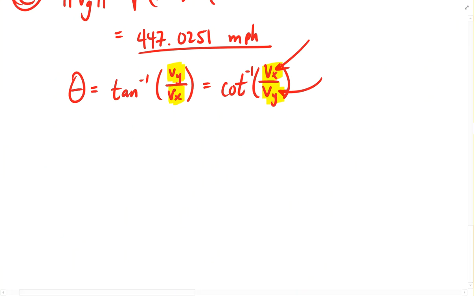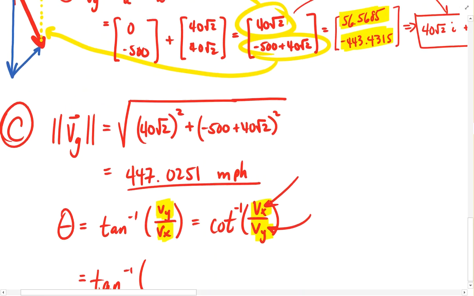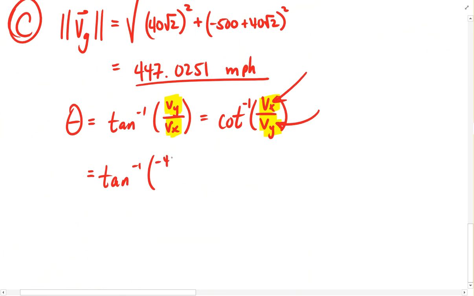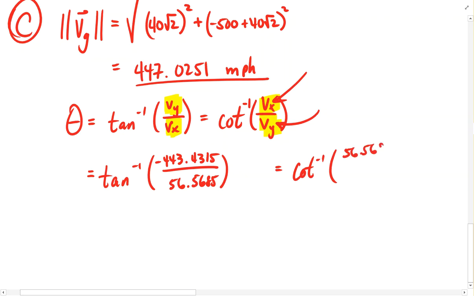So let's see what we get here. For tangent inverse, our vertical component, I'm going to switch to the decimal values here, negative 443.4315 divided by 56.5685 should be the same as cotangent inverse of 56.5685 divided by negative 443.4315.